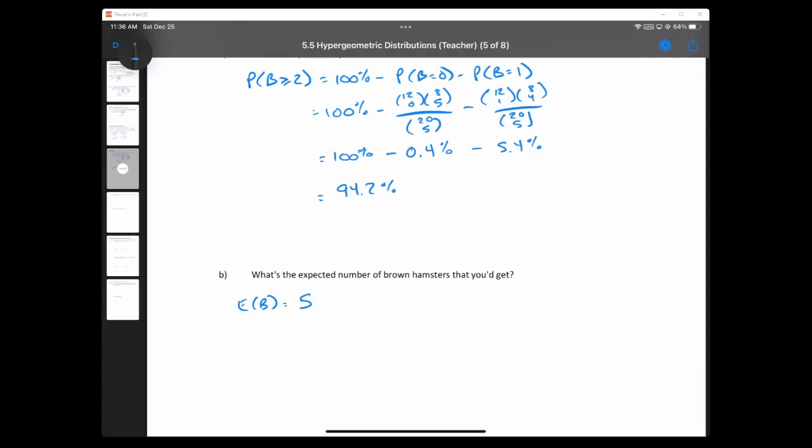You're selecting 5 hamsters. The probability of getting a brown hamster is 12 out of 20. And 5 times 12 is 60, divided by 20 is exactly 3. So I'd expect that of my 5 randomly selected hamsters, on average, 3 of them would be brown. Makes sense. 60% of the hamsters are brown, so 60% of my 5 should be brown.